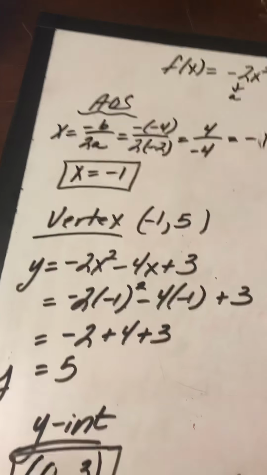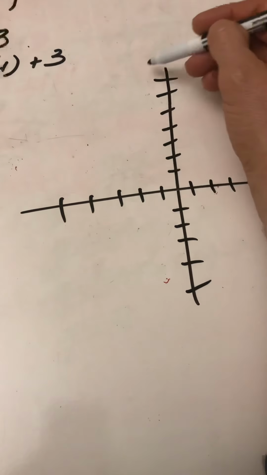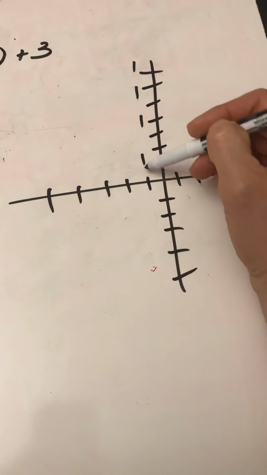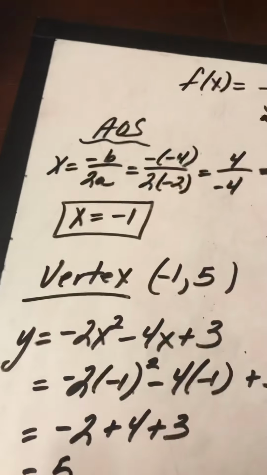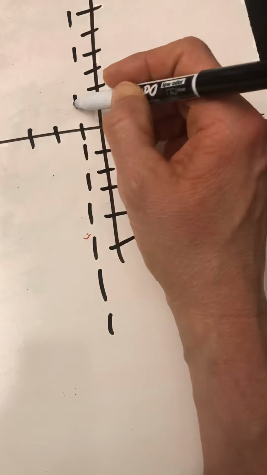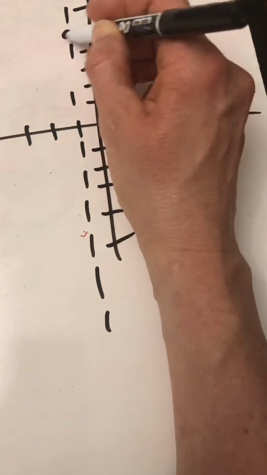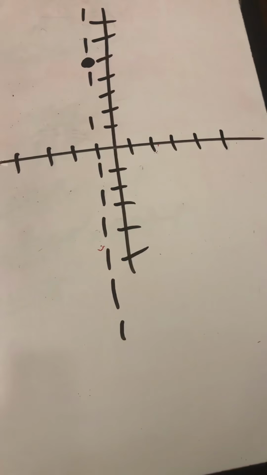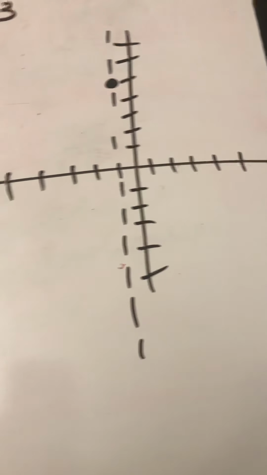X equals -1. Plot your vertex, -1, 5. Plot your y-intercept, 0, 3.